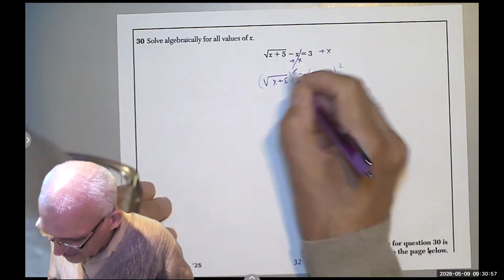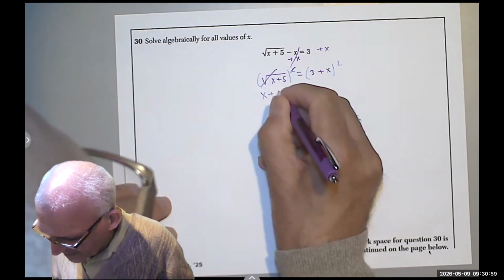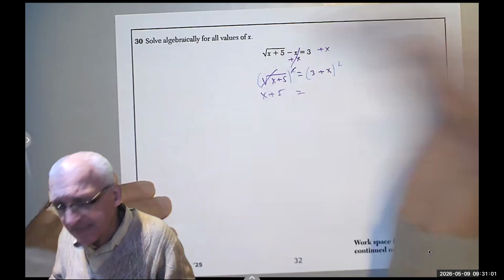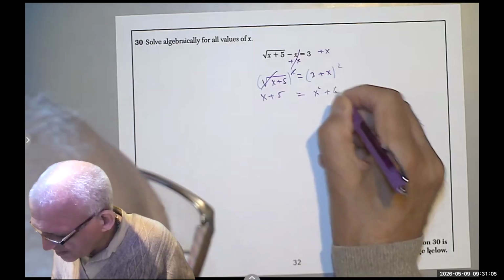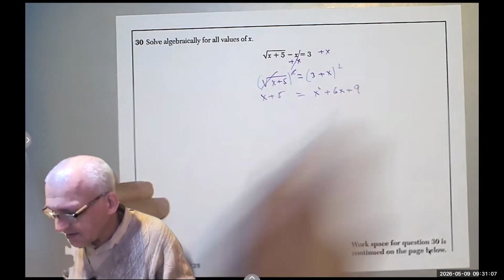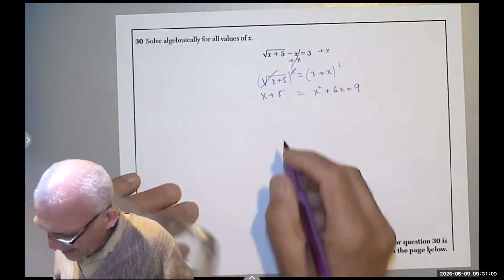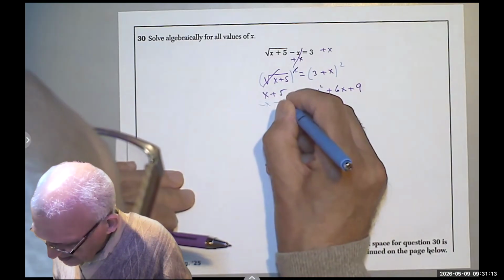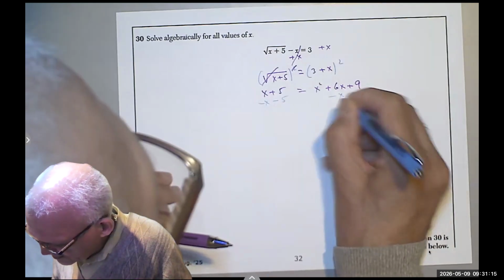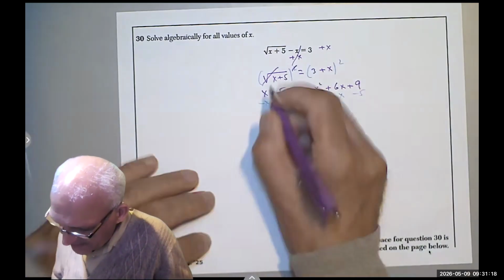So the square and the square root cancel, you get x plus 5. 3 plus x or x plus 3 is the same thing. So you get x squared plus twice the first times the second plus the second squared. And then I'm going to subtract x and 5. These cancel.